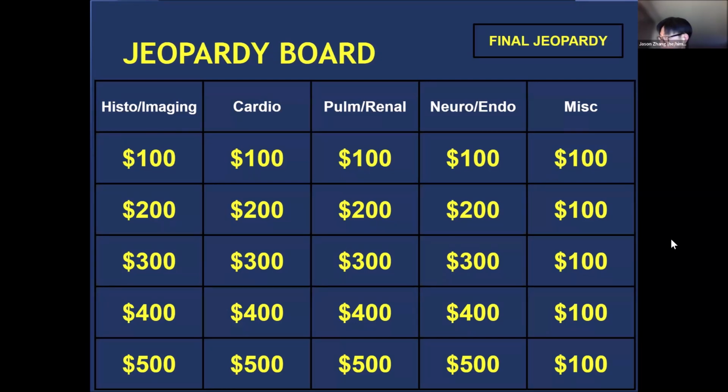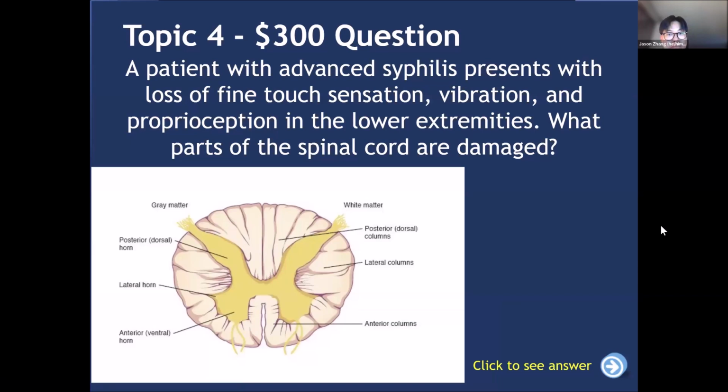Okay, how about back to the back row? Neuro 300. Oh, Eric, I didn't know you were on. Shut up. Wait, okay. I don't have syphilis. I know you have syphilis. Okay, let's do this. No, it's front versus back.